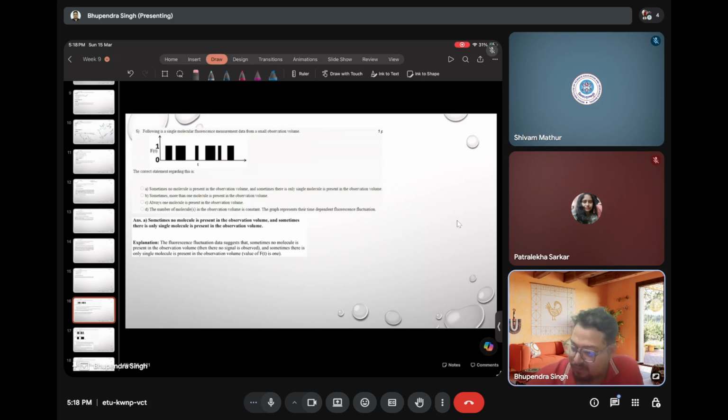Option B, sometimes more than one molecule is present in an observation volume. C, always one molecule is present in an observation volume. D, the number of molecules in an observation volume is constant. The graph represents the time-dependent fluorescence fluctuation.